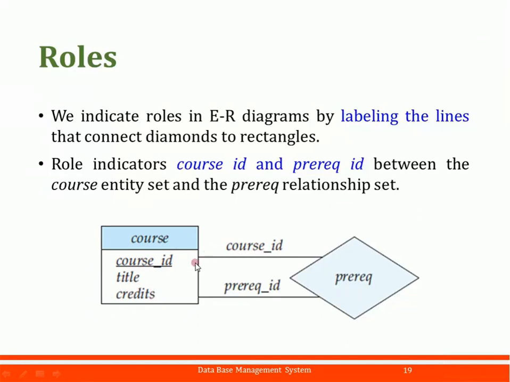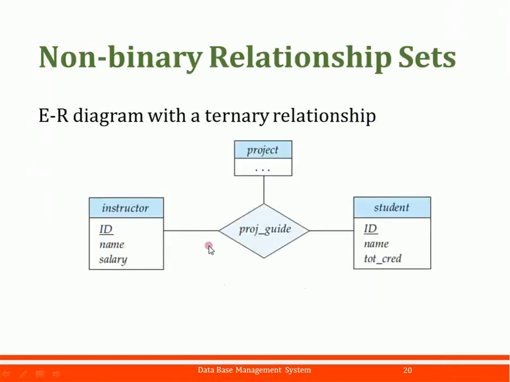This course ID and the prerequisite ID are the roles. Some courses may be the prerequisite of some other courses. So this is where you can represent the roles. For example, a staff may be the manager, so that manager can be represented here. Similarly, we can represent the roles on the lines.